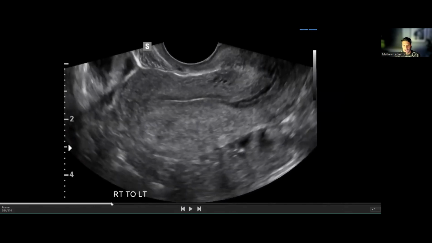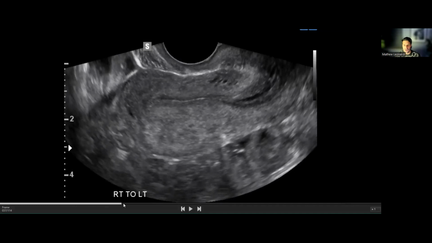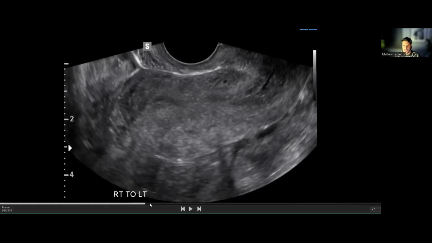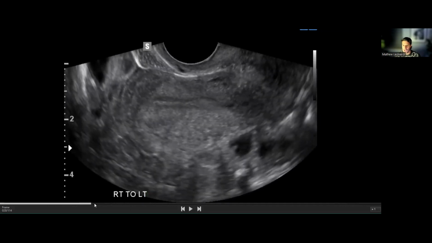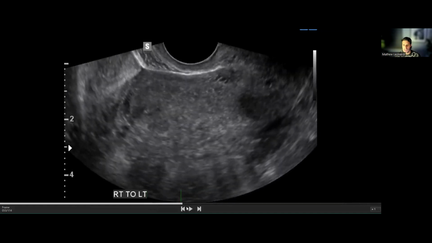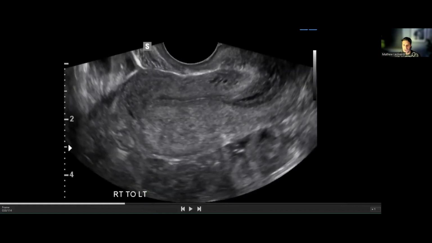If we look specifically for myometrial cysts, I'm not seeing any, but what could they have confused those for? So I'll point to this area right here where you do see some anechoic cystic spaces, but those are blood vessels. These are classic vessels in the arcuate vessel region. And if you scan through them slowly, you can appreciate that these little anechoic spaces actually lead into one another.